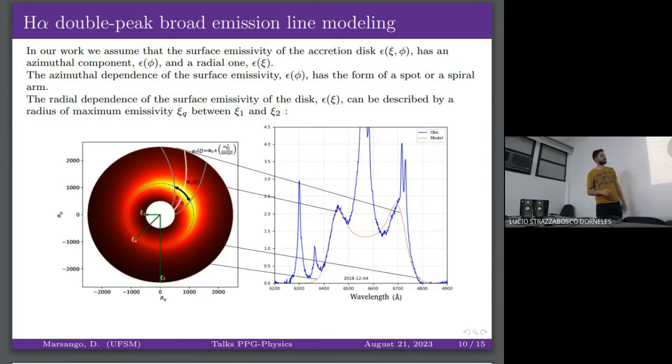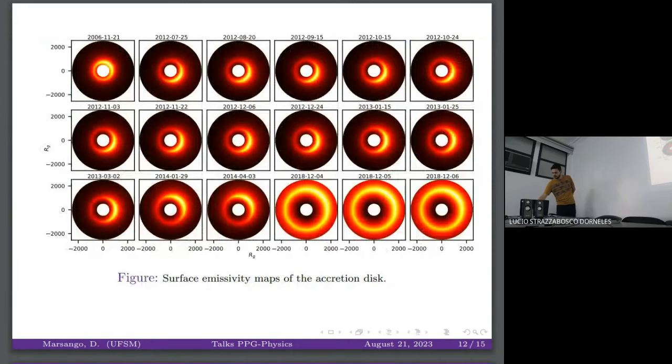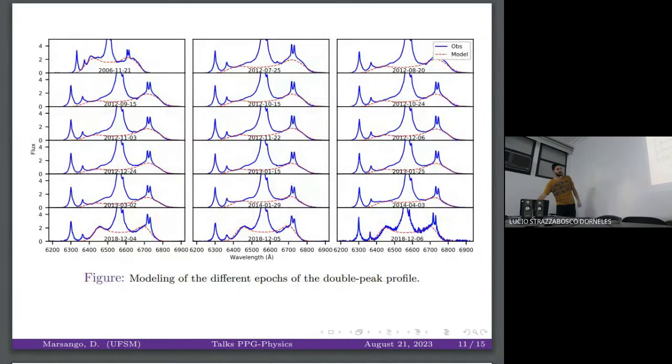This figure shows the fitting of the Pictor A galaxy using this model, modeling the disk in our observations.